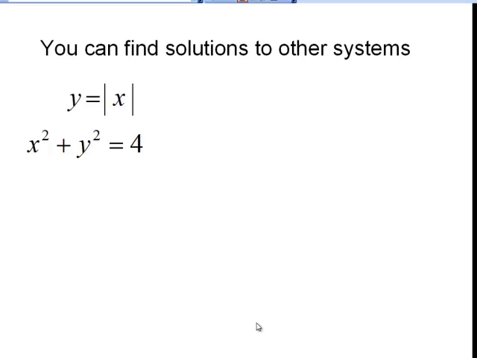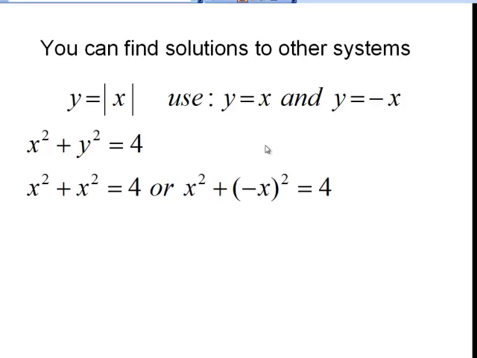Okay, we can do absolute values and circles in this particular case. So that's a V shape and a circle. Okay, you can do the substitutions. We're going to use y equals x one time, and the second time you're going to use y equals negative x, because remember, absolute value of x is two different functions.